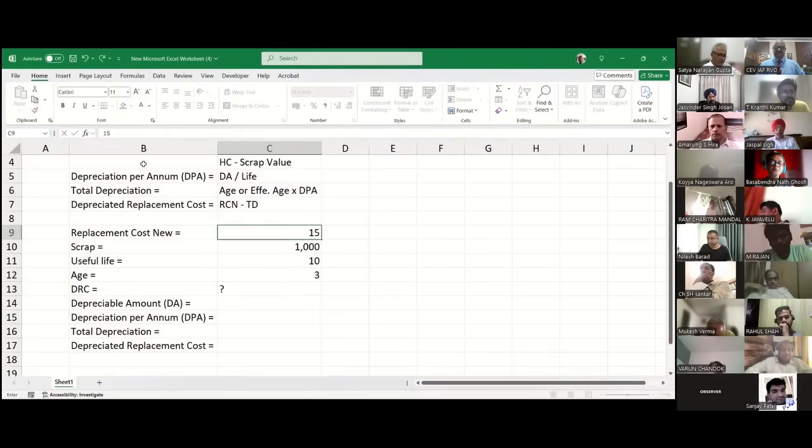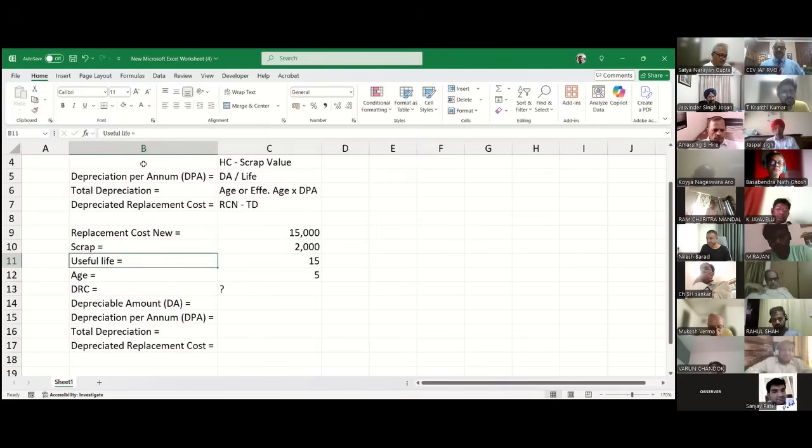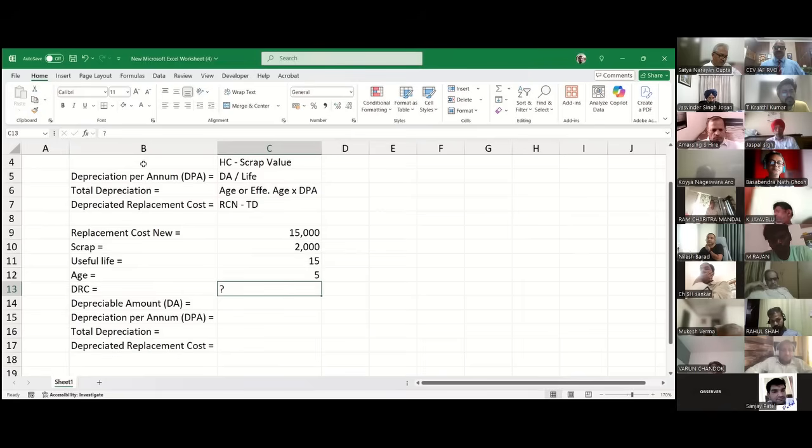Okay, find out. Replacement cost is 15,000, scrap value is 2,000, useful life is 15 years, age is 5 years. Find out the DRC.